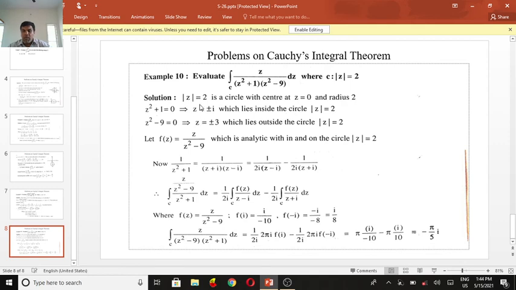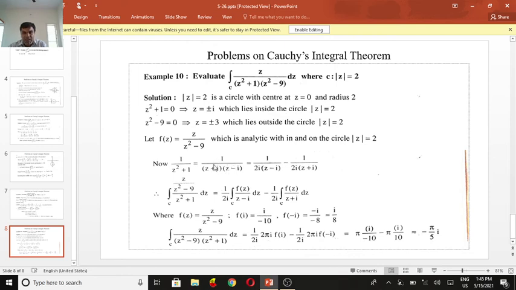Again, we substitute. Let f of z equal z divided by z square minus 9, which is analytic within and on the circle mod z equal to 2. Now first I simplify 1 by z square plus 1. Instead of z square plus 1 we can write (z plus i)(z minus i), so 1 divided by (z plus i)(z minus i).